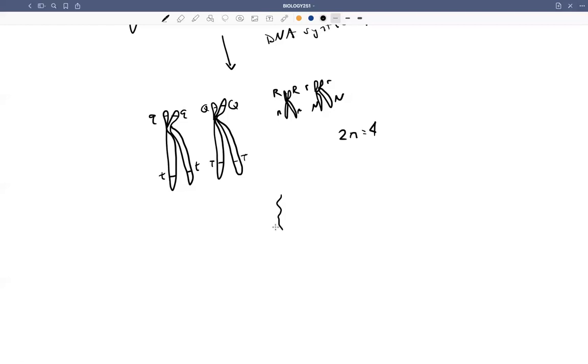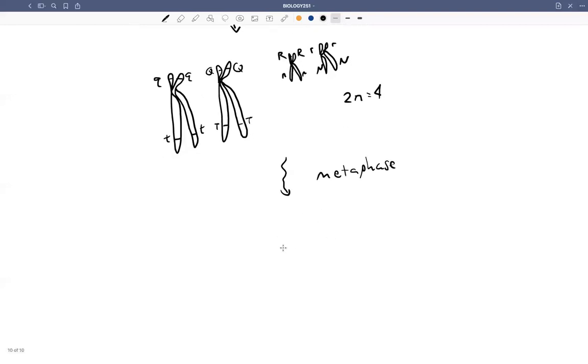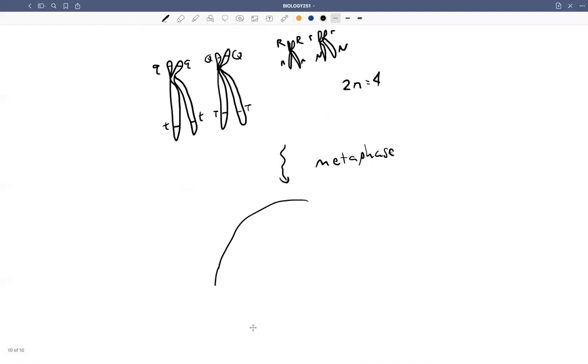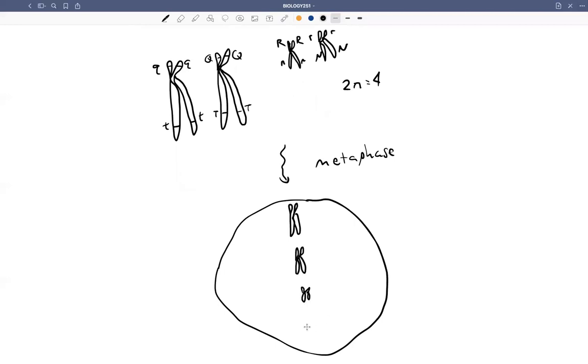And if you want to set up now for metaphase, there's a lot more space here. To scale this down a little bit, I'll draw them nice and spaced out. In reality, they might be a lot closer together.